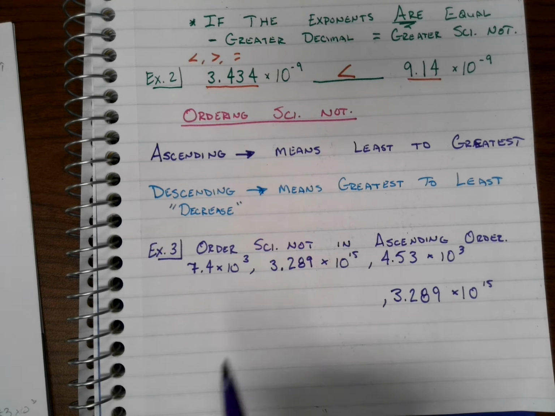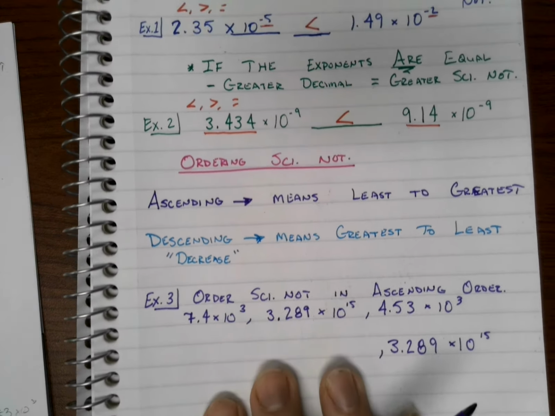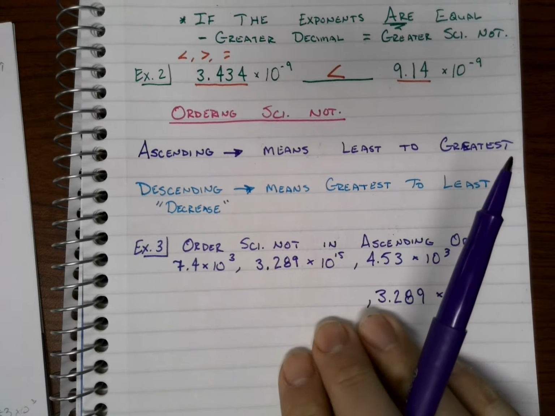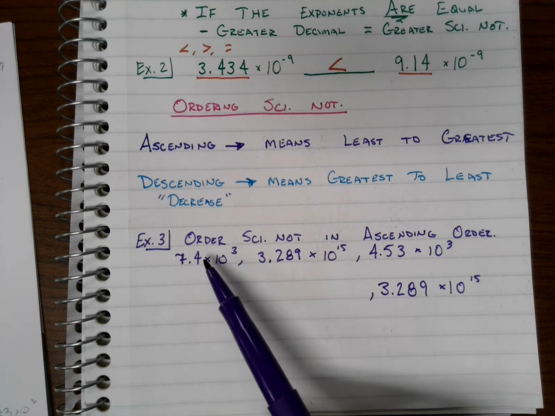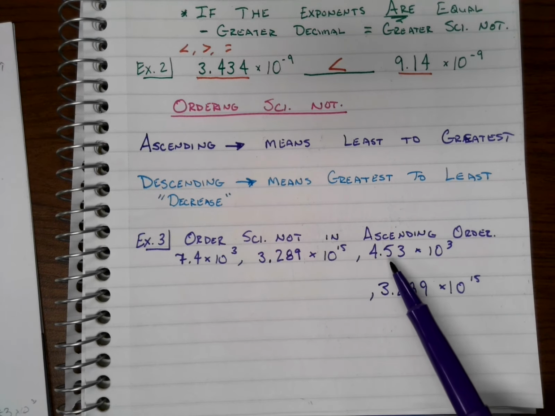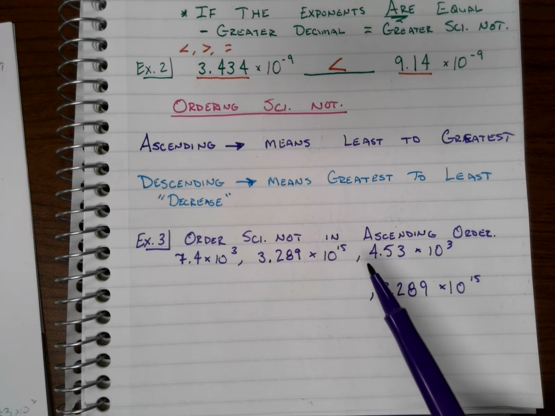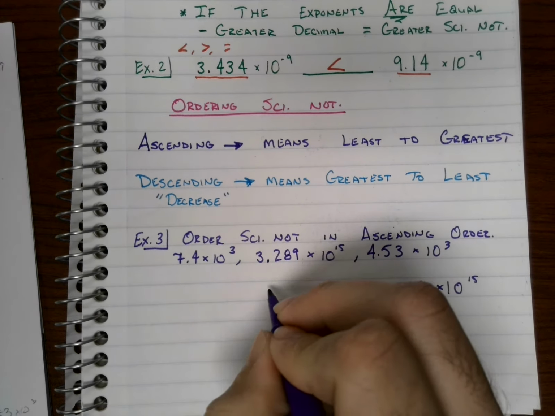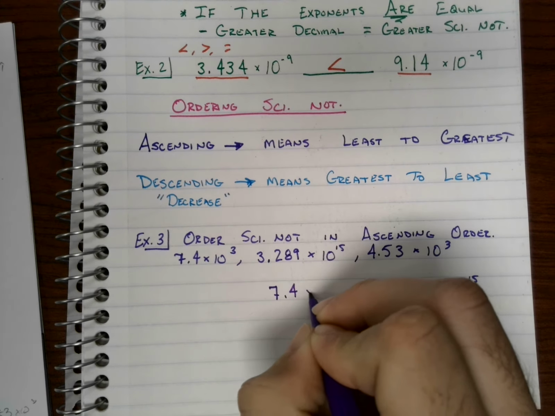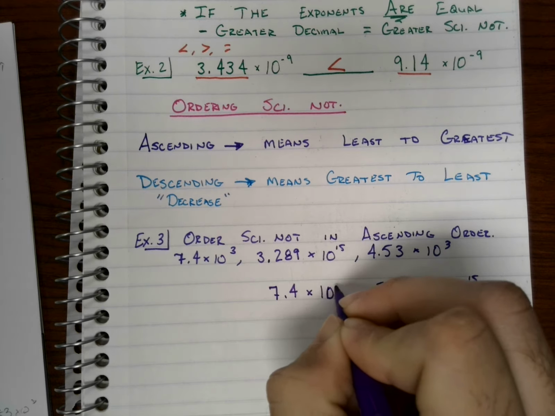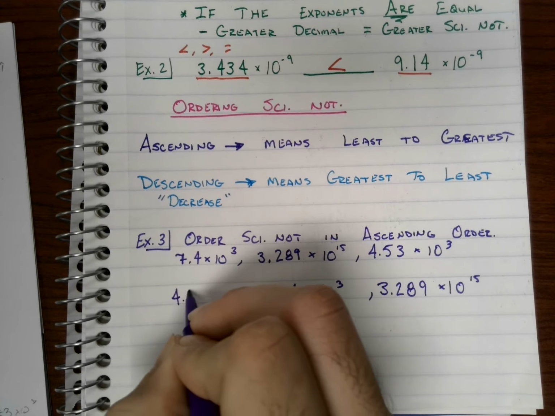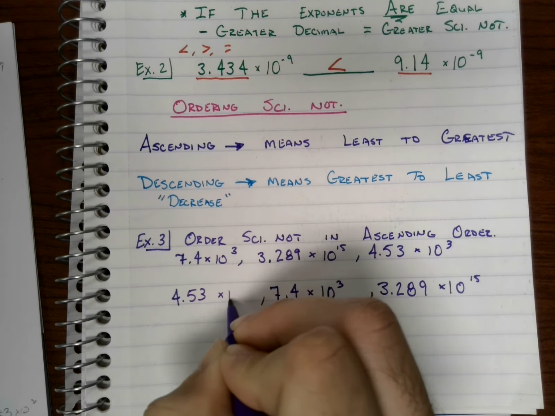Now let's compare these two. Remember, when our exponents are the same, we're looking for the greater decimal. So look at our decimals. I have 7.4, 4.53. 7 is definitely greater than 4. So this will be my second number. So I have 7.4 times 10 to the third, which makes my smallest number 4.53 times 10 to the third.